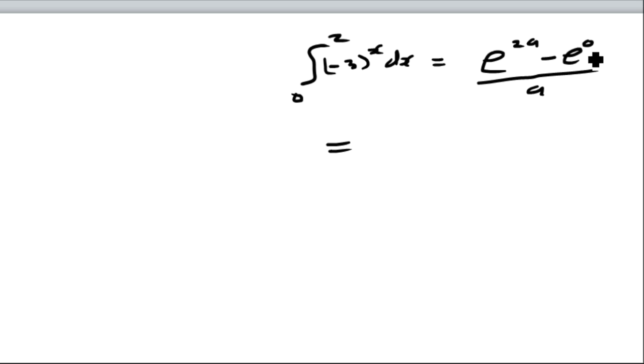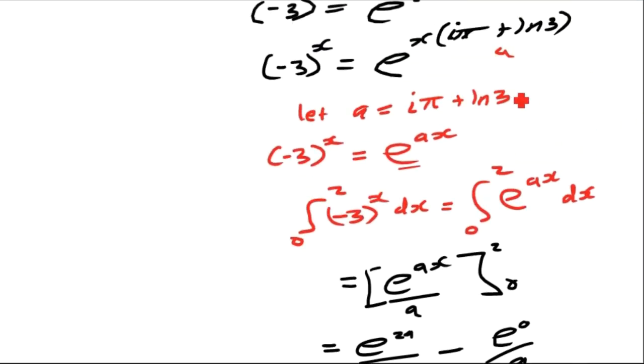Now, this will be what? Anything raised to power 0 is 1. So we have exponential 2a minus 1 over a. Then you go back. Remember, what was our value of a? If you go back, you see we let a be I pi plus ln of 3.